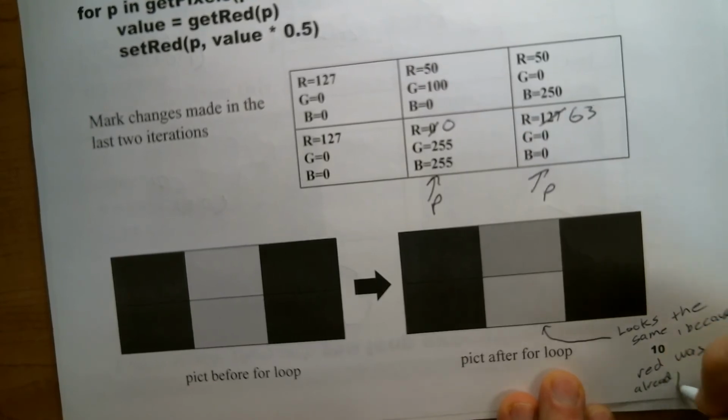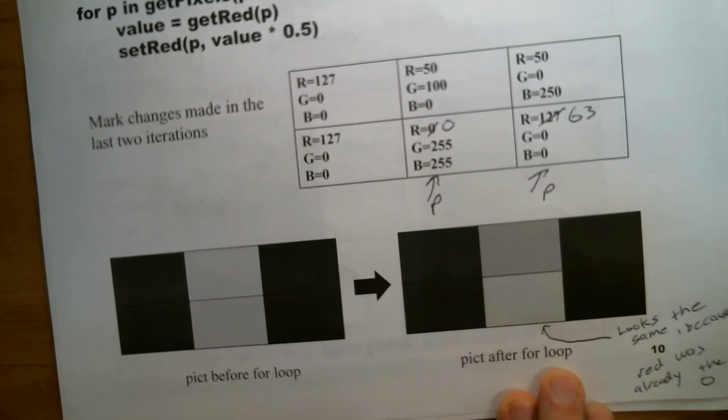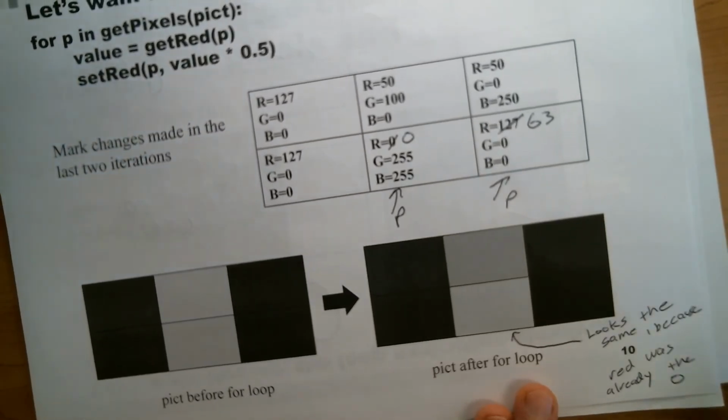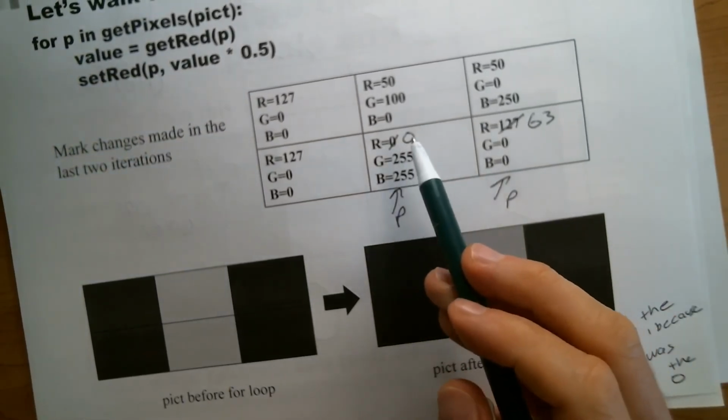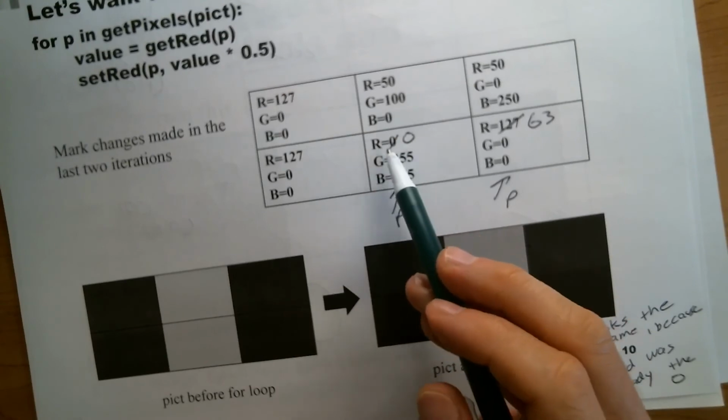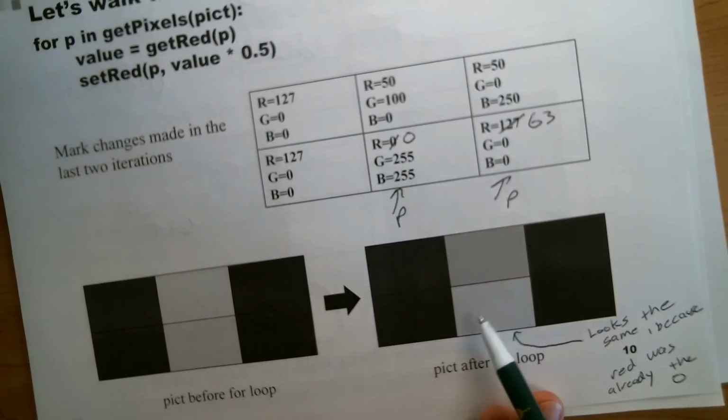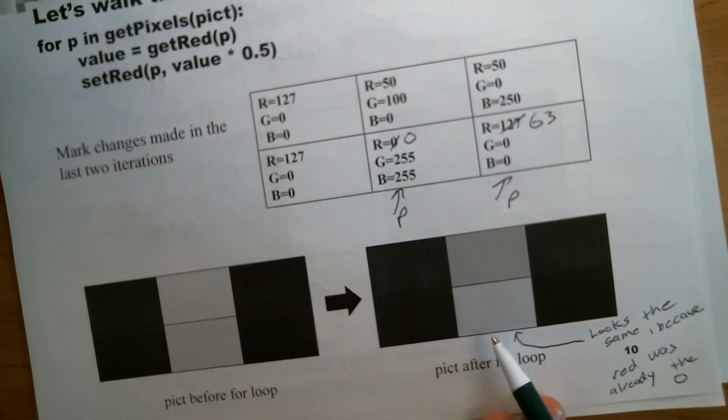So yeah, we did the calculation, but since red was already 0, the calculation didn't change anything. It just put a 0 back in there. So from a color perspective, that one looks exactly the same.